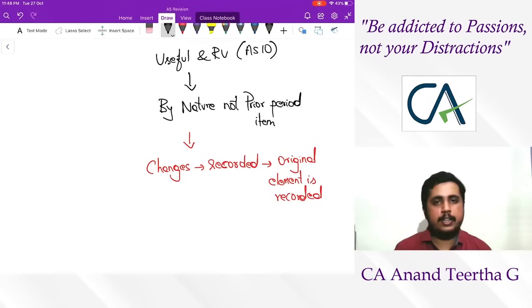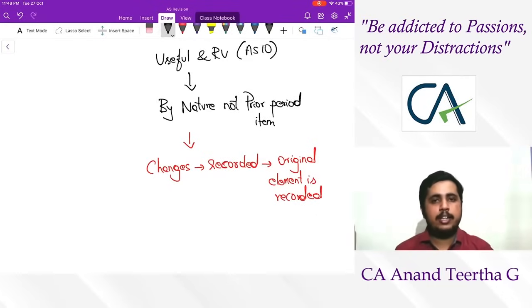Just try to understand. Provision for bad debt is what type of item? Provision for bad debt is an ordinary item because it occurs in day-to-day life. If provision for bad debt is changing, an ordinary item is changing, then the change in estimate is given to the ordinary item.